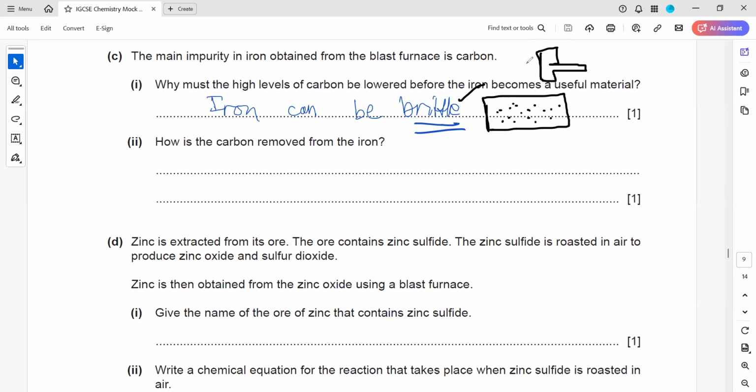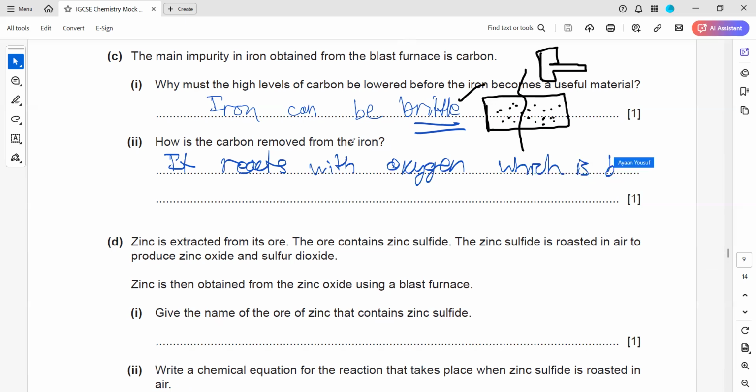When you hammer it, it will just break down, crack, instead of being malleable, because most metals should be malleable or ductile, so we can use them for different purposes. But if it contains a high percentage of carbon, it will be hard and rigid, or brittle, you can also say that it will break down without deforming.